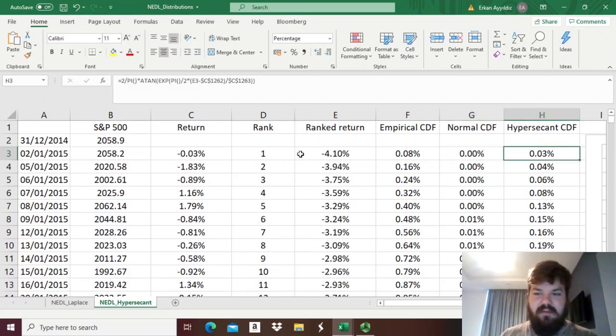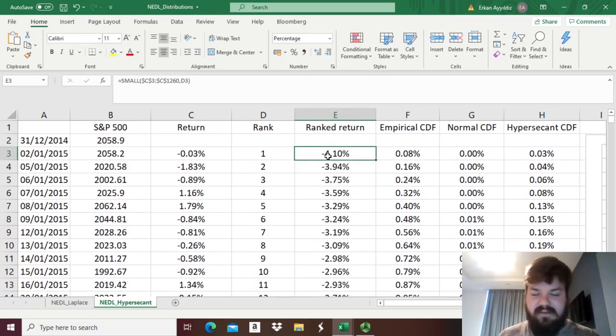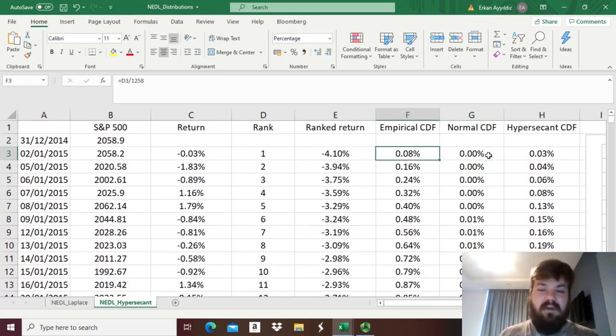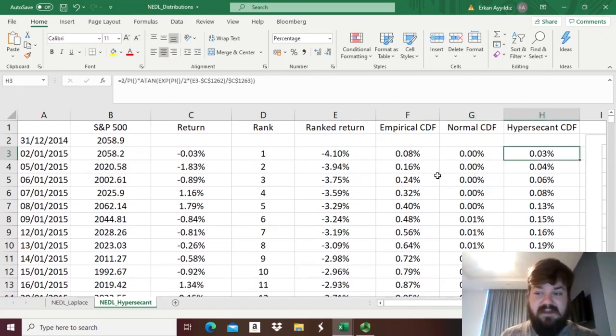Given the normal distribution, the probability of returns being minus 4.1% or lower is negligible, while for the real-world data it is still around 0.1%. For the hypersecant distribution, it's significantly lower than the 0.08% that we observe in real life, but still not as bad as the straight 0% given by the normal distribution.